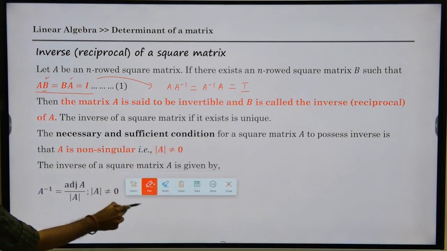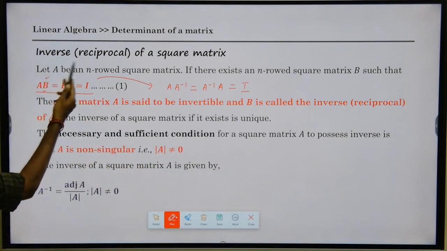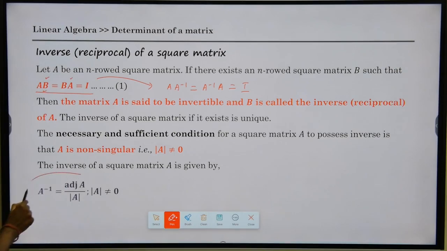Inverse is also known as reciprocal. This formula I have just given you. This formula can be applied only if the matrix is non-singular.